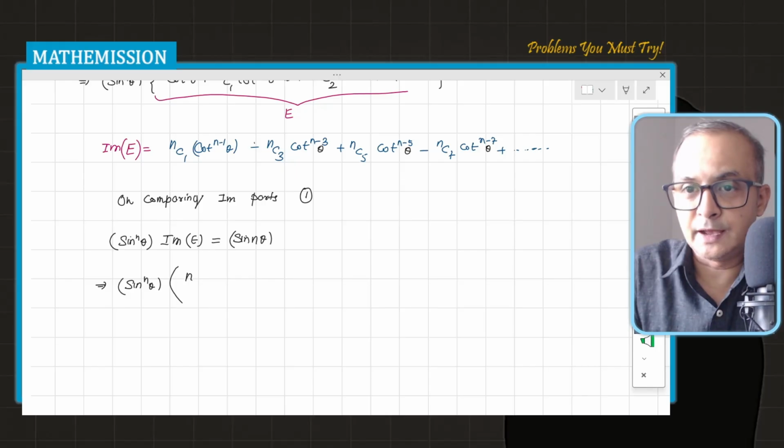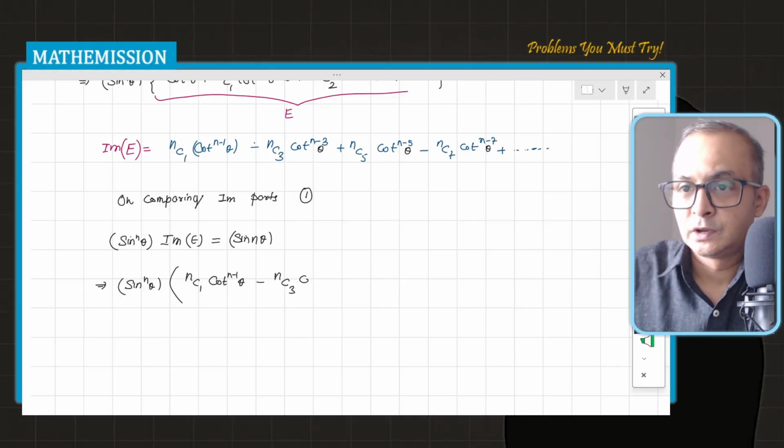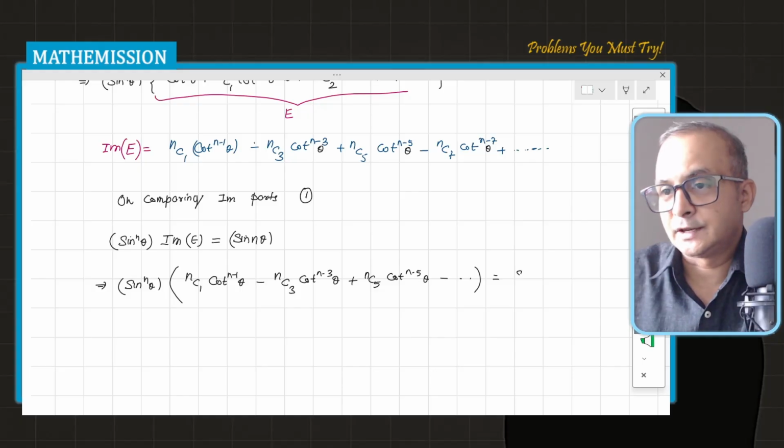This is going to be nC1 cot to the power n minus 1 theta, minus nC3 cot to the power n minus 3 theta, plus nC5 cot to the power n minus 5 theta, and so on. I'll stop here. On the right hand side I have sine n theta.